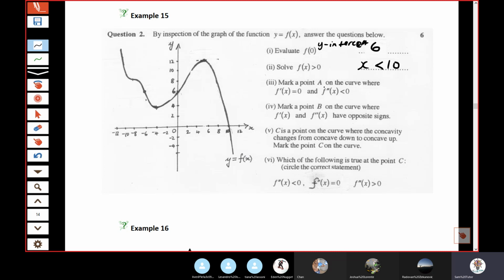Mark a point A on the curve where y dash is equal to 0 and y double dash is less than 0. What does that mean? What does y dash equal to 0 mean? One step at a time. Y dash, stationary point. What does y double dash less than 0 mean?